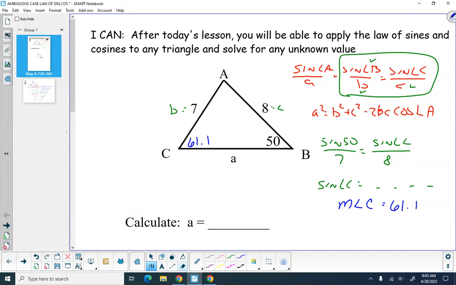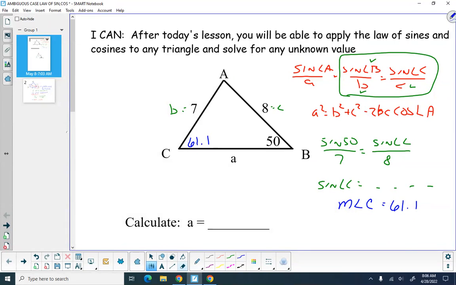Which now, using properties of a triangle, can we solve for angle A? I know angle B is 50. I know angle C is 61.1. What's the measure of angle A have to be? Lucas, what's the measure of angle A have to be? 68.9.